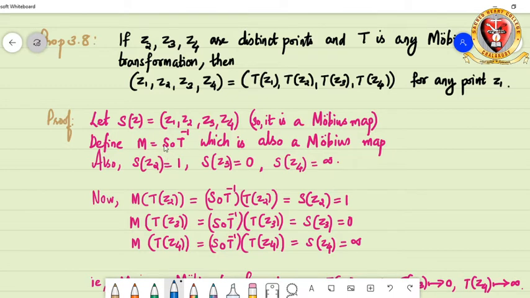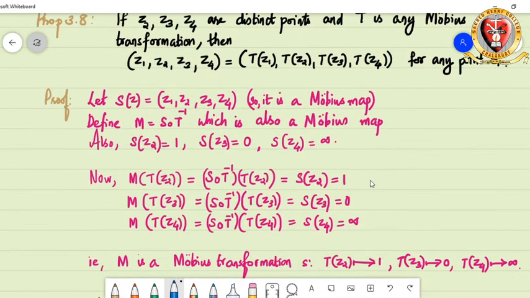We are defining this composition to be capital M, which is also a Mobius map. We had dealt with the same earlier. Also, as S is a Mobius map and it is the cross ratio, we earlier said that S of z2 is 1, S of z3 is equal to 0, S of z4 is equal to infinity. Now let's find something else.